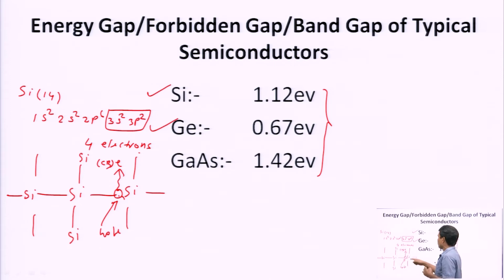This means holes are always in the valence band and electrons are always in the conduction band. Like every action has a reaction, in the same way when an electron is generated, then simultaneously a hole will also be generated in the valence band.